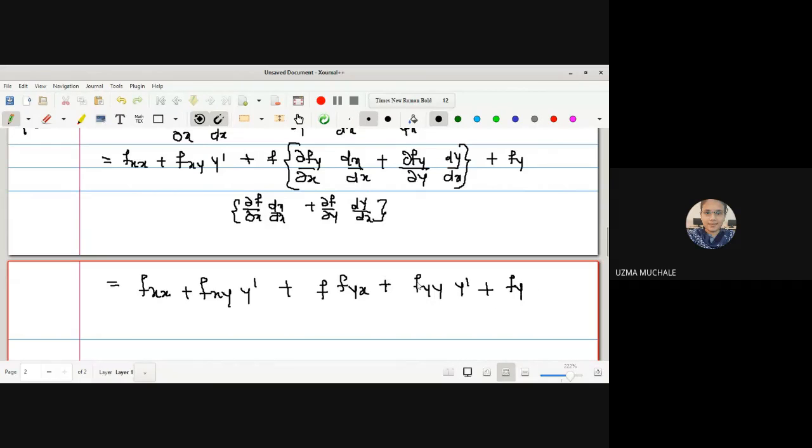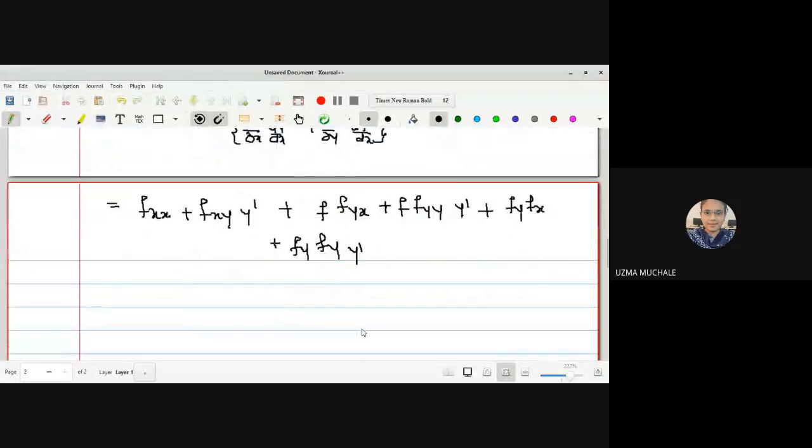This f I have to multiply here also: fy into f with respect to x, with respect to x is 1, plus this fy I have to multiply inside. Multiplying inside, f with respect to y will be fy again, and y with respect to x is y dash. Now we know y dash is nothing but your function f, so let me put the value of y dash as function f.